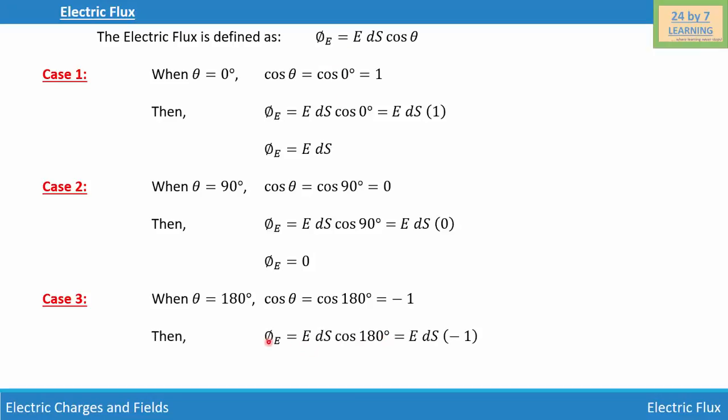We will write phi E is equal to E ds cosine 180 degrees, which is E ds times -1, and that is negative E ds. So basically the electric flux is equal to minus E ds when the angle between the area vector and the uniform electric field is 180 degrees. And this is how we define the electric flux.